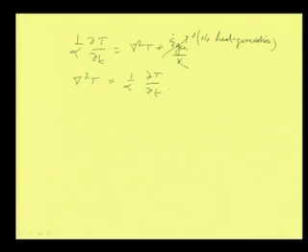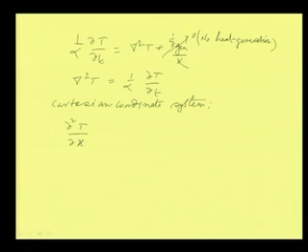Because we are concentrating on Cartesian coordinate system, we know that del square T by del x square plus del square T by del y square plus del square T by del z square is equal to 1 by alpha del T by del small t, that is the time.